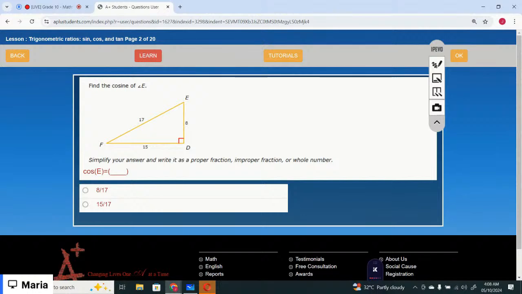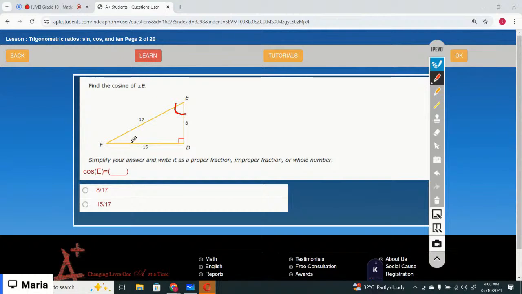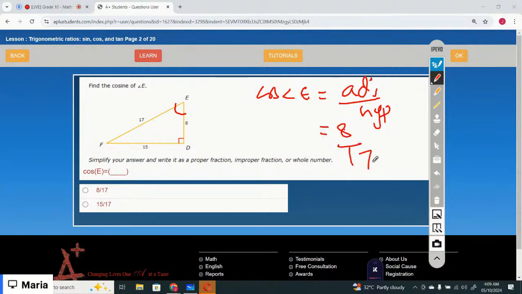Find the cos of angle E. Here is angle E. Cos of angle E is adjacent divided by hypotenuse. Adjacent to angle E is ED and hypotenuse is EF, that is 8 over 17.